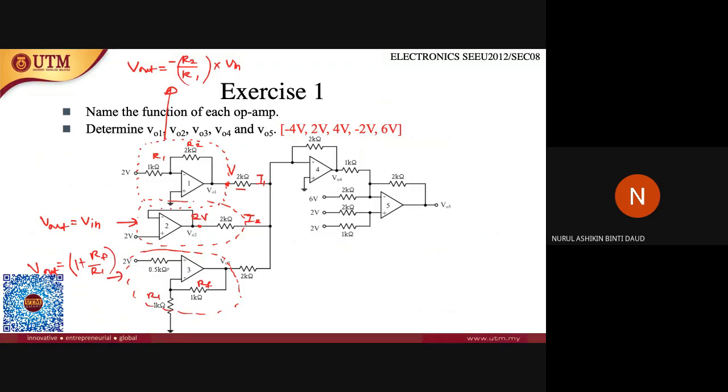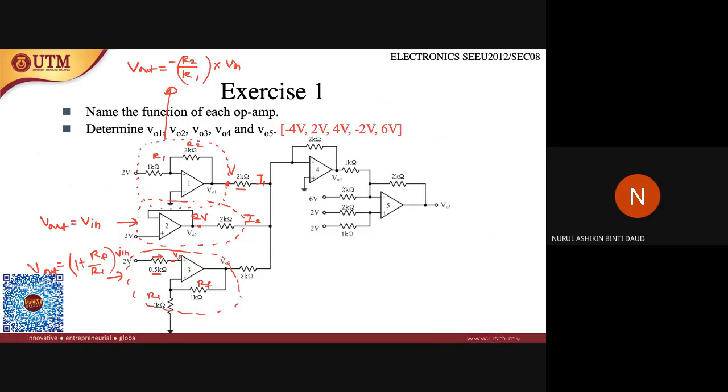But be careful. First of all, for the V plus here, there is a resistor here. So get the value of voltage at this point first. The current here will be reduced a bit, but the value of voltage is the same. The value of voltage for this point and this point is the same, so it will be V in here.